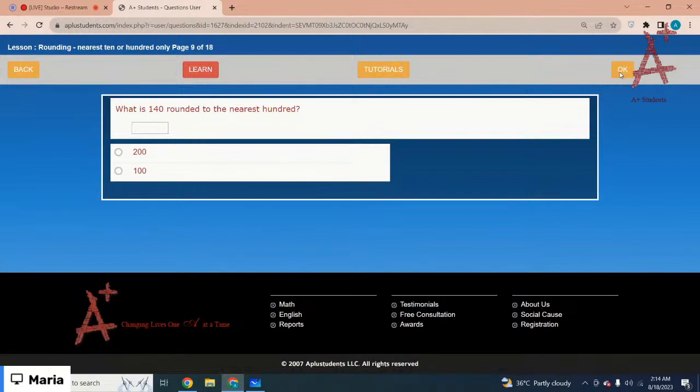Which is the correct option? 140 is rounded off to 100. You can round off 140 to 100.